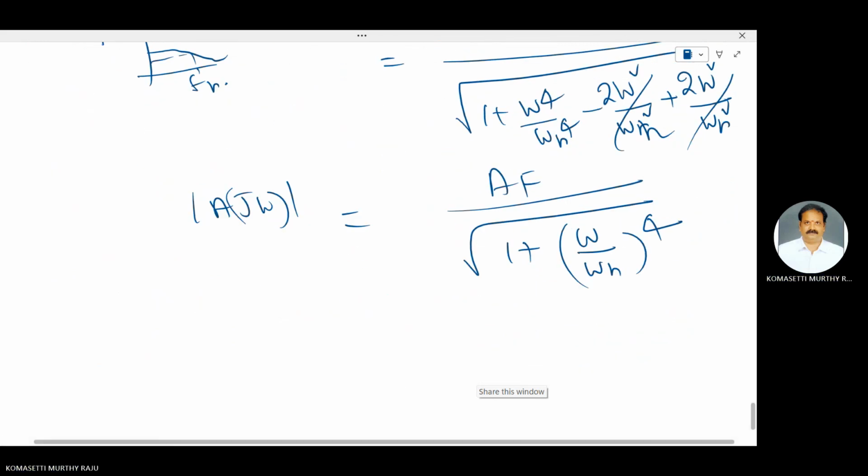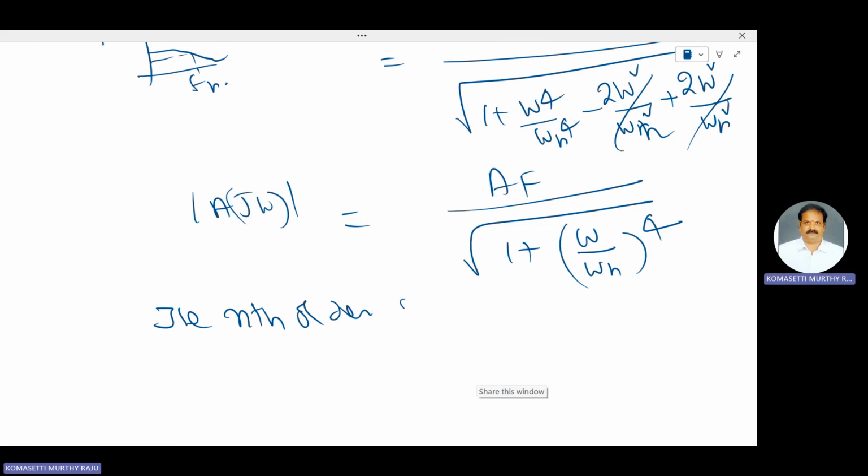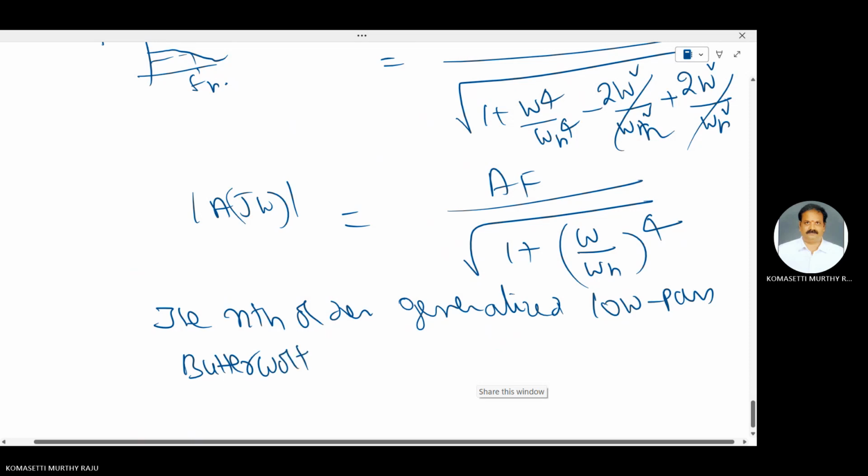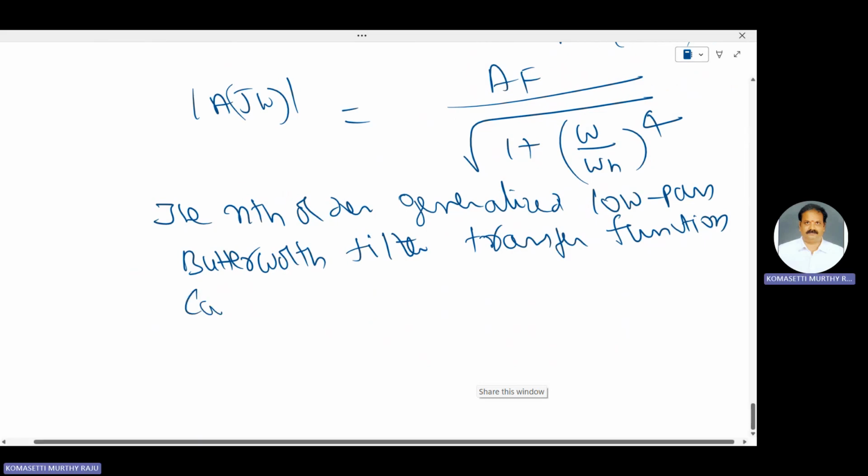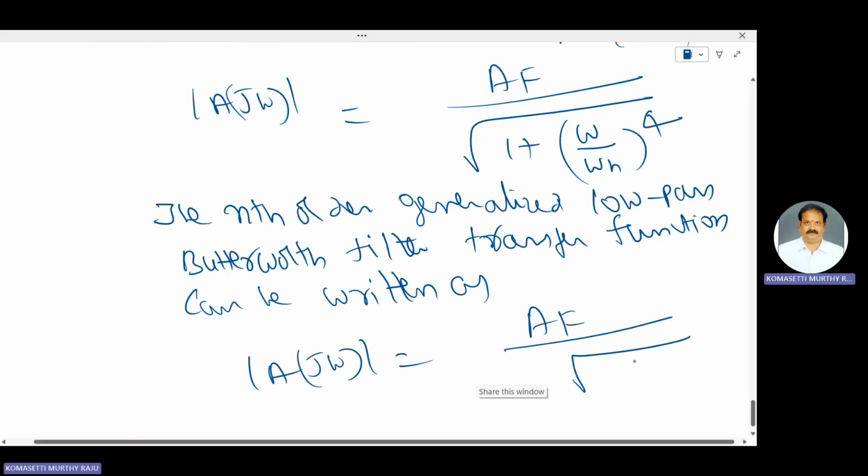For nth order, the generalized low pass Butterworth filter transfer function can be written as mod A of j omega is equal to AF by square root of 1 plus omega by omega H whole power 2n.